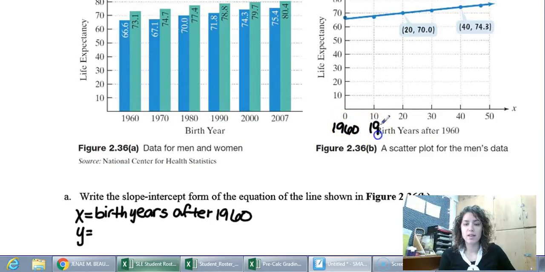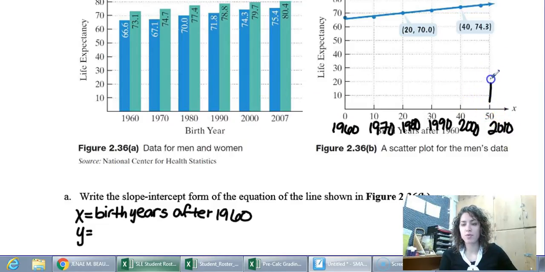10 years, this would be 1970, right? 20 years would be 1980. 30, 1990, 40, 2000, and then 50, 2010. So notice 2010 is not here, right?